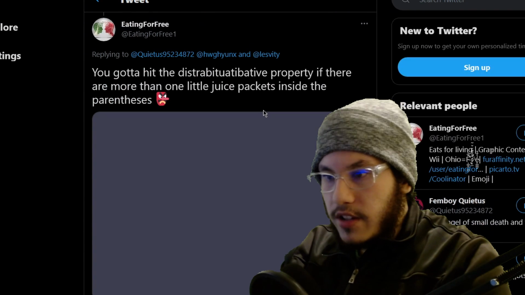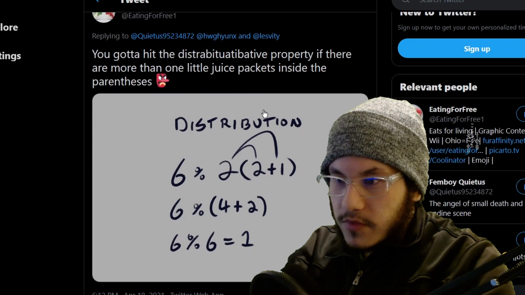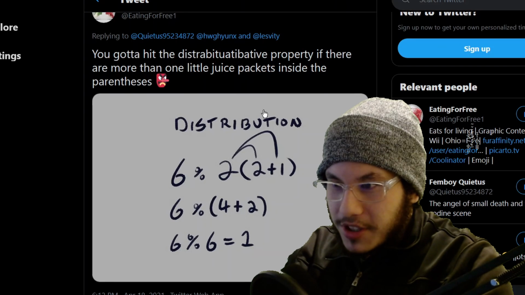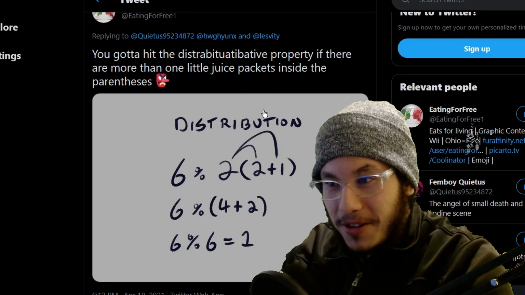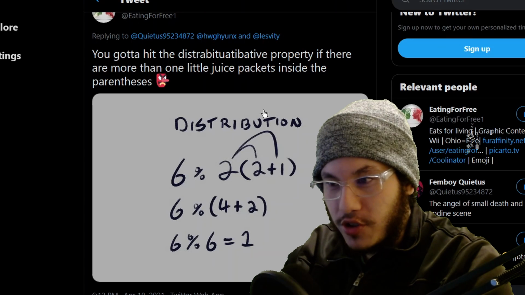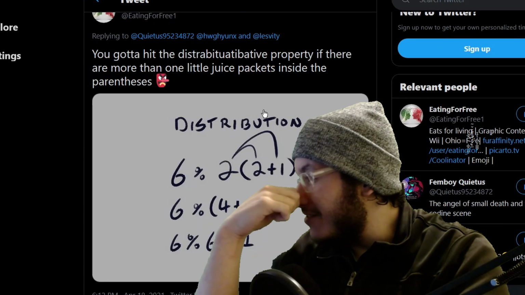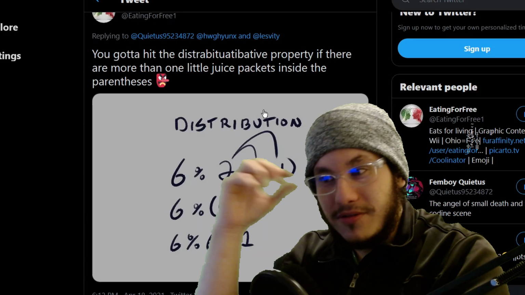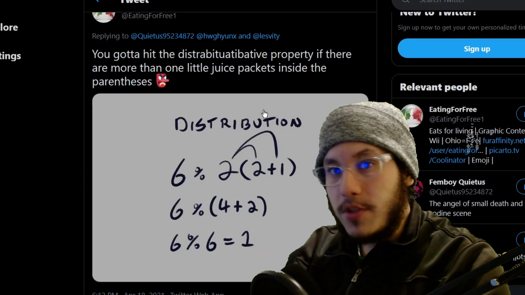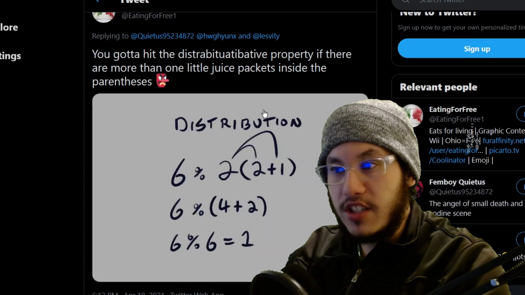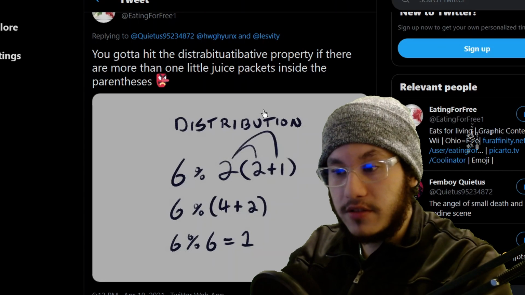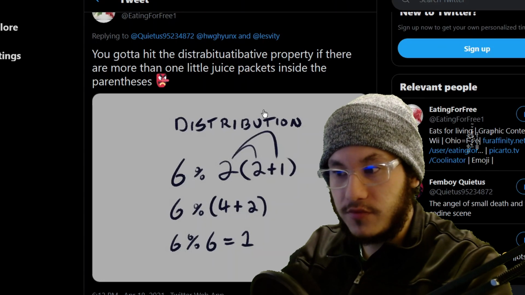You gotta hit the distributive property if there are more than one little juice packets inside the parentheses. No. See, the distributive property is a property of fields. I think.